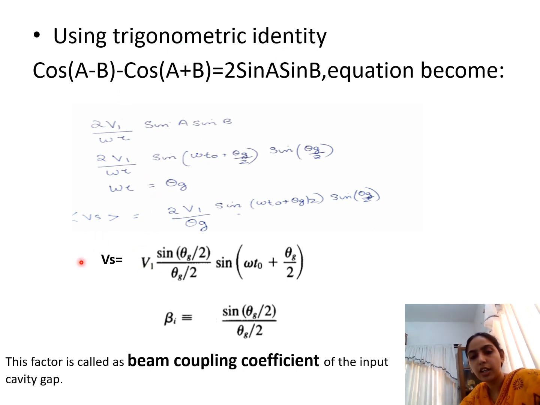And when we have written the final expression for Vs, this particular parameter is nothing but the beam coupling coefficient of the input cavity gap. So now again we can write this expression Vs as V1 beta I sin of omega t0 plus theta g by 2.